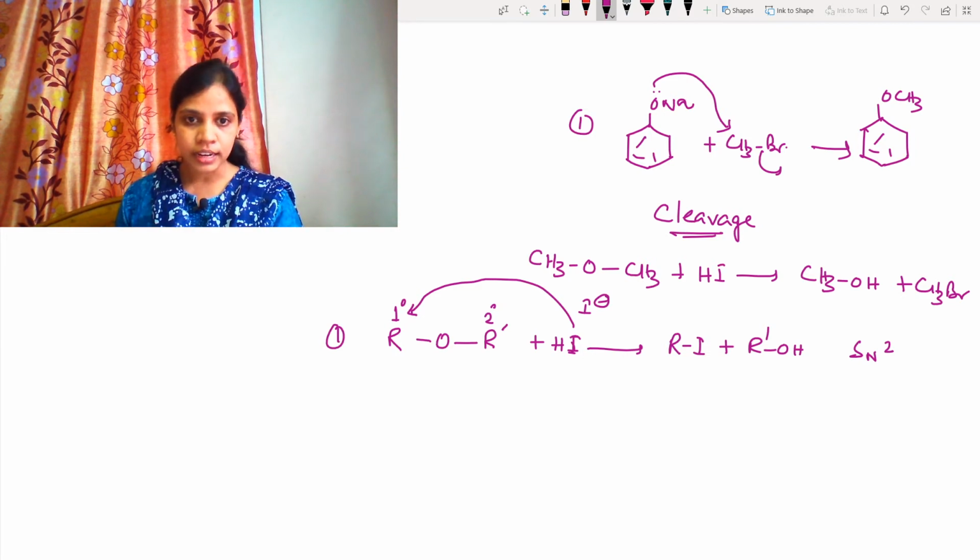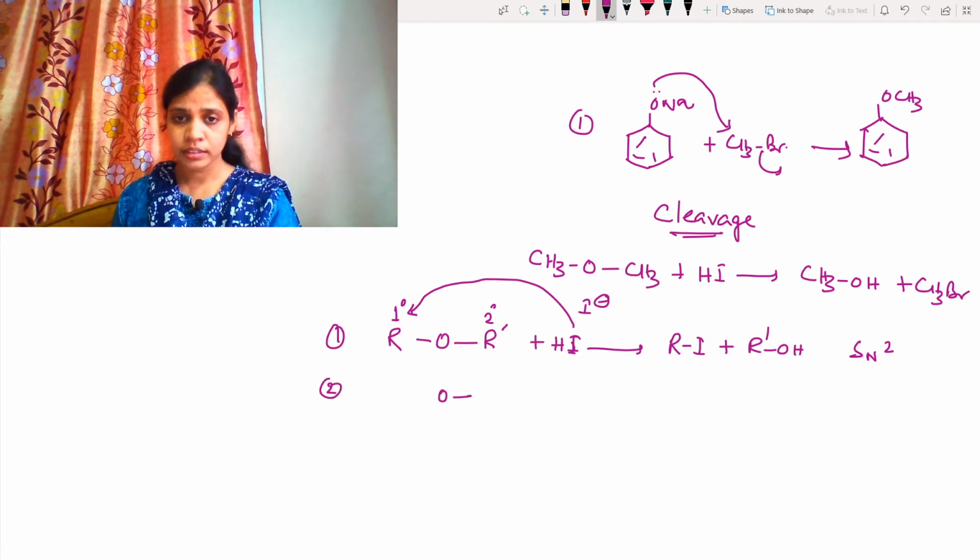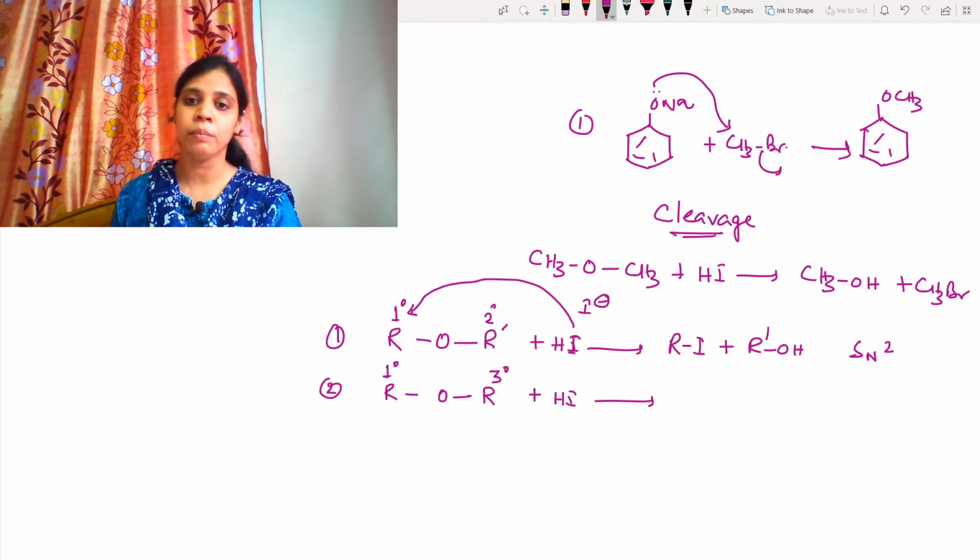Similarly, if the ether linkage is present between two alkyl groups, and one alkyl is 1 degree and the other is tertiary, then it follows a different path. Here the reaction follows the SN1 path.